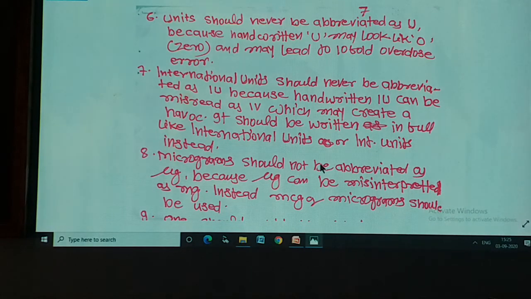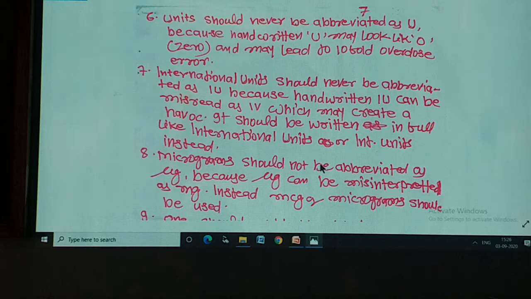The seventh point, international units should never be abbreviated as IU, because a handwritten IU can be misread as IV, which may create havoc. It should be written in full, like international units.